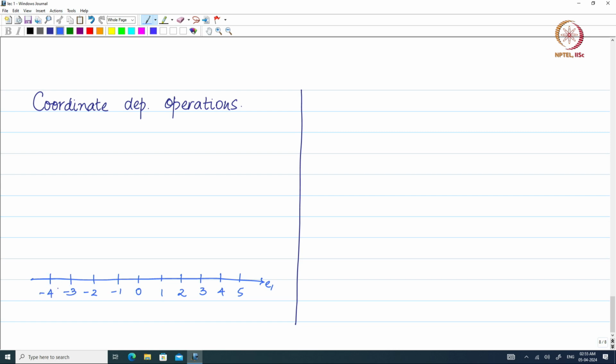Now, I also take another axis where I shift the origin compared to this. Let us say that this is the reference system that I have. So, this is my reference axis.